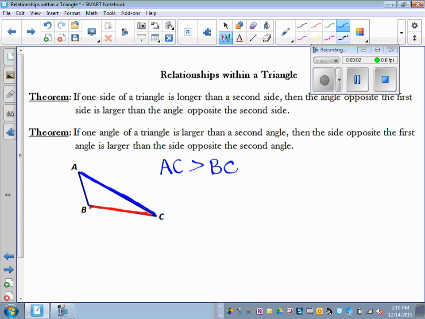So it says if one side is longer than another side, the angle opposite the first side. So my first side was AC. What angle is opposite of AC? ABC. Right, we'll just call it B. Alright, so the angle opposite the first side, so the measure of angle B, is larger than the angle opposite the second side. My side BC, what angle is opposite of that?